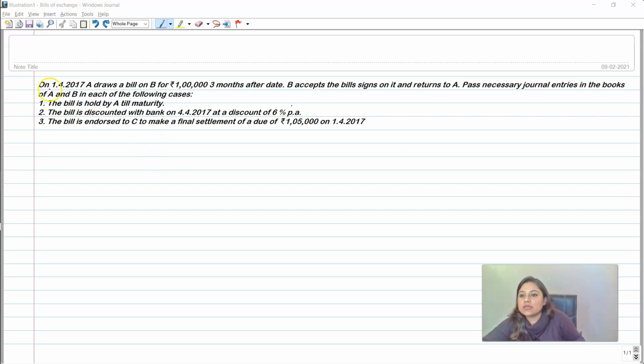This particular illustration says that on 1st of April 2017, A draws a bill on B for rupees 1 lakh. 3 months is the tenure of the bill after the date.